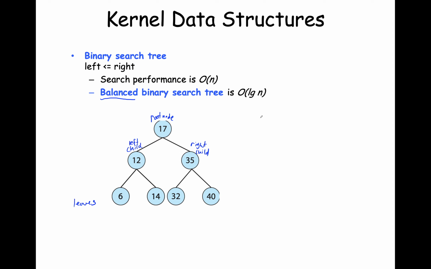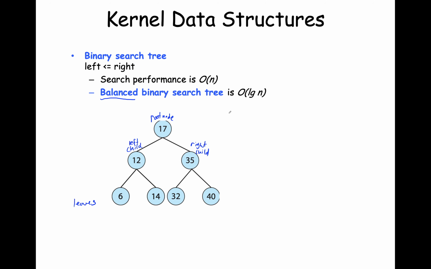When you have this property and you try to perform your search, you get a nice speed up. You get a logarithmic speed up. So instead of taking big O of n, it takes log n, which is a great speed up, especially as n grows very, very large.